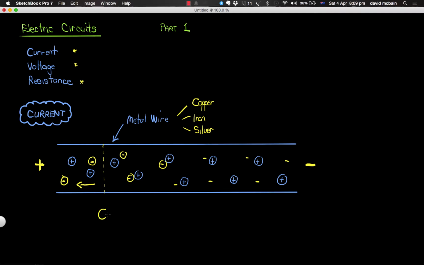So current is a measure of the amount of charge that flows past a certain point in a given amount of time, which is usually 1 second.